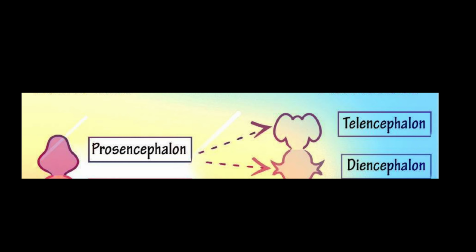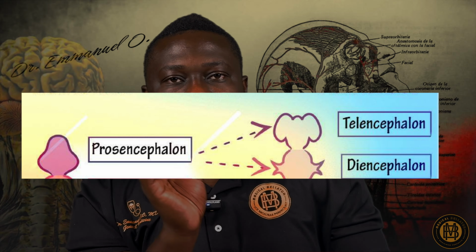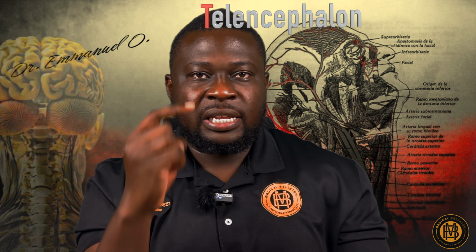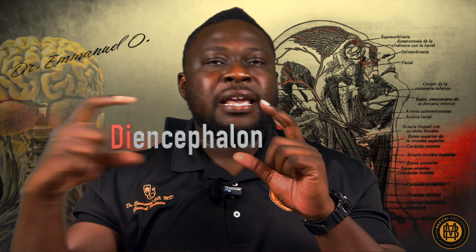Now, let's go to the prosencephalon, the first part, the P. The prosencephalon divides into the telencephalon and the diencephalon. TD.